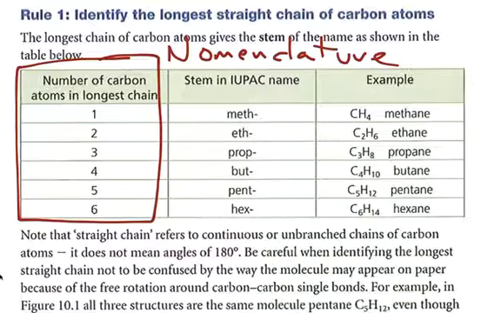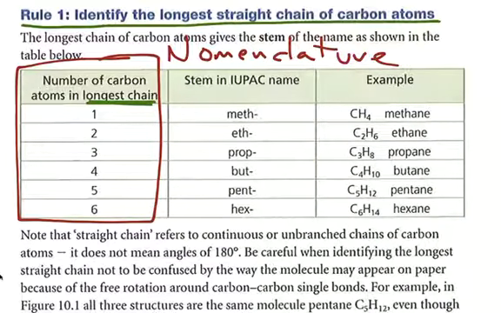So notice this is giving us rules for how to name compounds. This is number 1, identify the longest straight chain of carbon atoms. Okay, so this isn't necessarily the number of carbons in the total structure. This is of the longest chain, and we'll look at what longest chain means here in a moment.